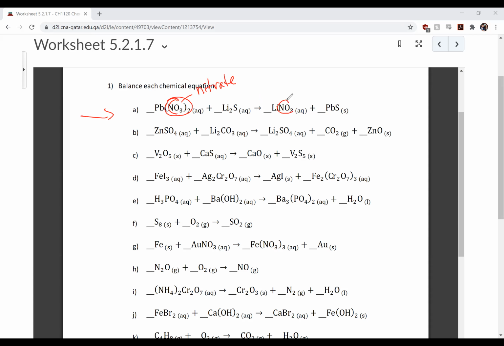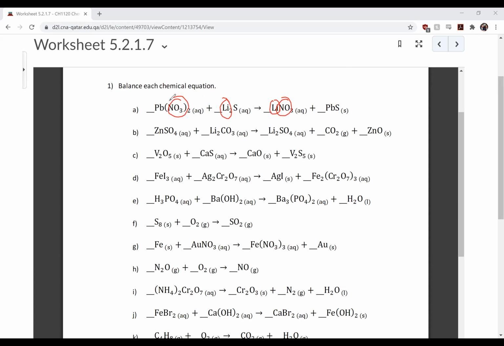But over here, I only have 1 of them. So there's a problem there. I'll worry about that in a minute. The lithium, I have 2 lithiums on the left. I only have 1 lithium on the right. And then my sulfur, everything is good. I have 1 and 1. So I'm seeing some problems here. I'm seeing that lithium isn't balanced and this nitrate isn't balanced.